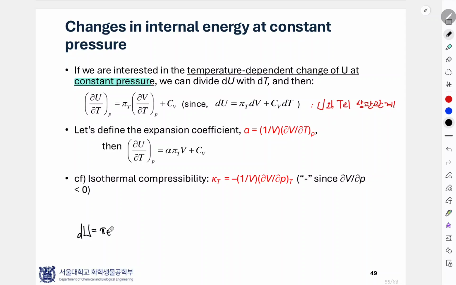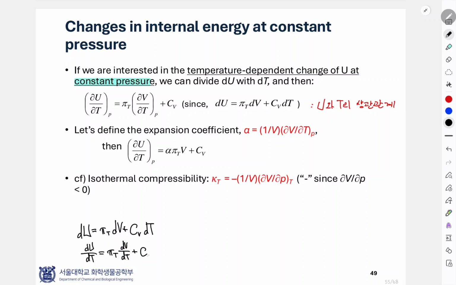And we are going to define a new property, which is the expansion coefficient alpha here. So with this alpha, we can write this equation in a simpler way.